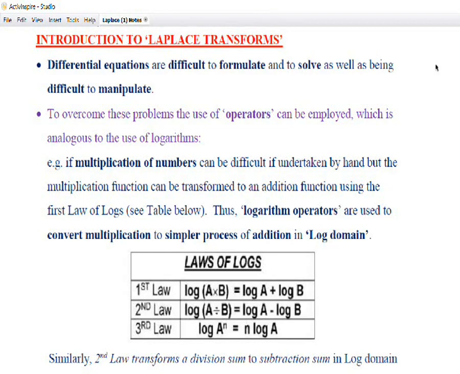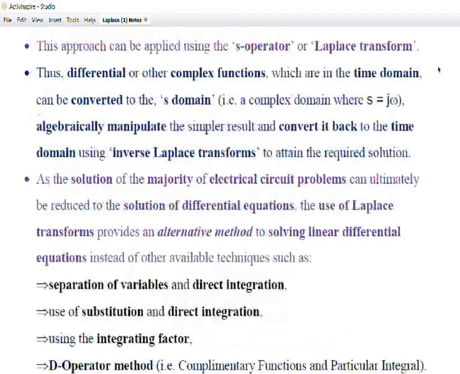And the use of Laplace transforms offers a similar process, but it's for solving differential equations. We often talk about the S operator method or Laplace transform method taking us into the S domain, and this S domain is basically taking a differential equation, first or second order, into the Laplace domain and making it into an algebraic equation.